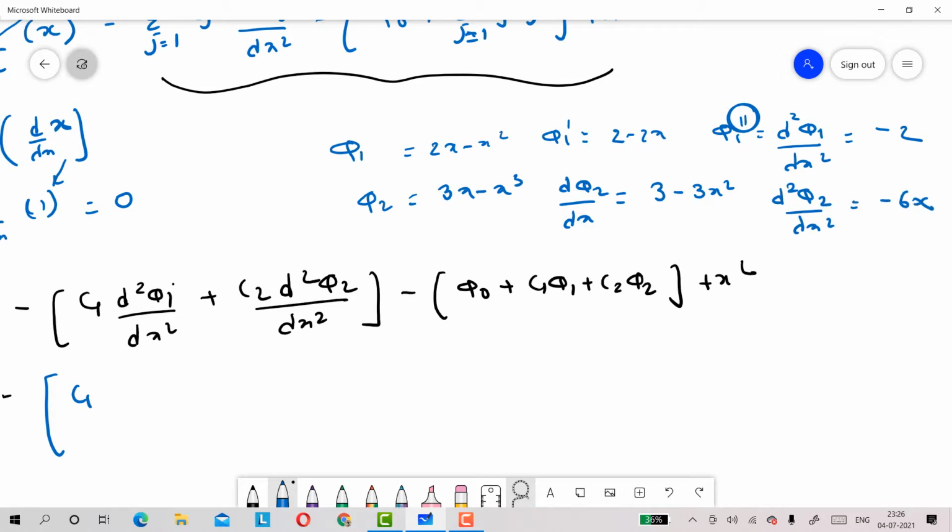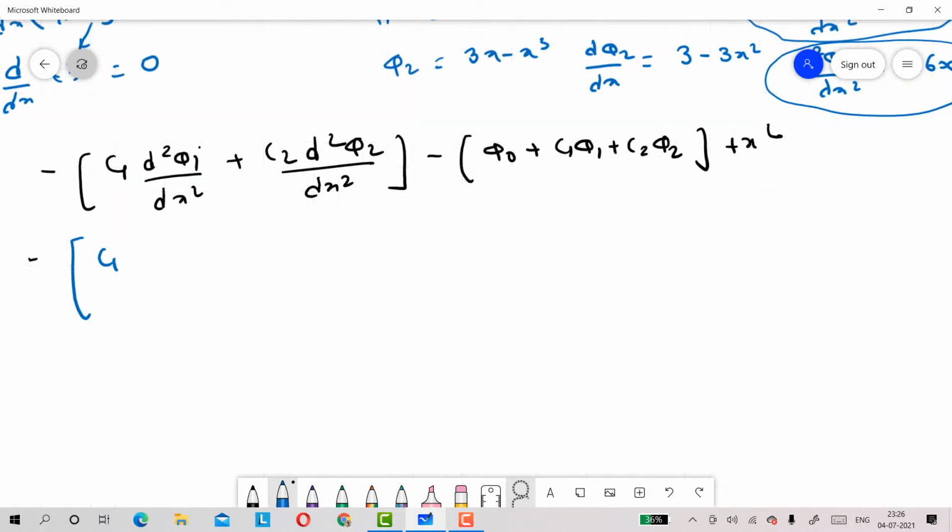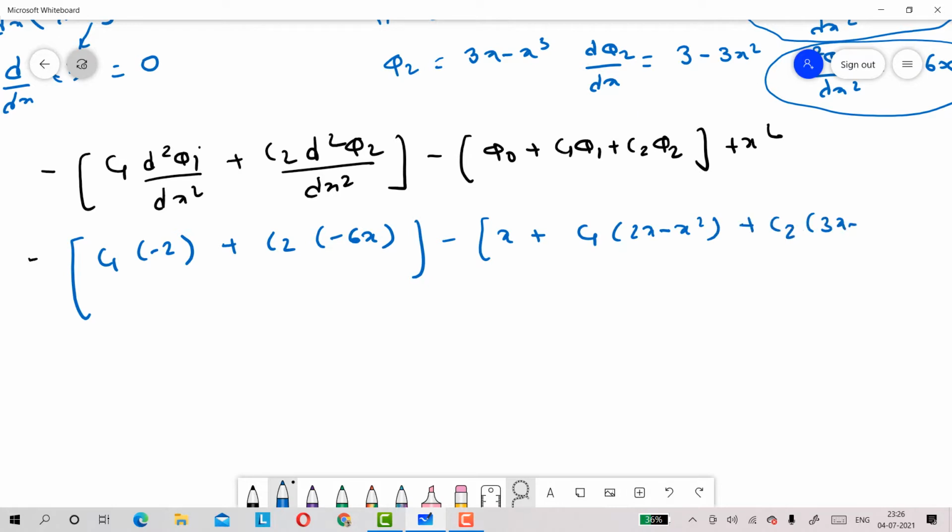So what we do is put these values of d square phi 1 over dx square as minus 2 and here. So c1 times d square phi 1 over dx square, which is minus 2, plus c2, which is minus 6x, then it is x plus c1 times the phi 1 value 2x minus x square plus c2 times 3x minus x cube plus x square, this one x square.